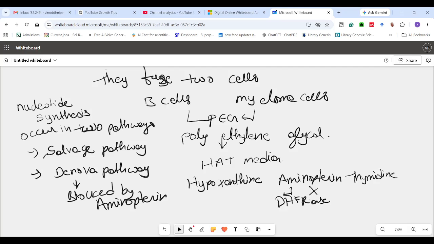So hybridoma technology uses fusion of two cells, B cells and myeloma cells, in the presence of PEG, and they are grown in the HAT medium. Aminopterin blocks the dihydrofolate reductase of the de novo pathway, so the de novo pathway is blocked. The cell should undergo the salvage pathway.